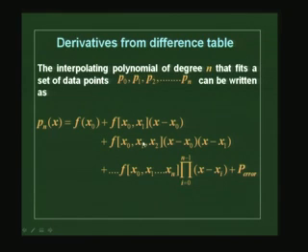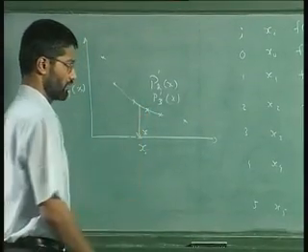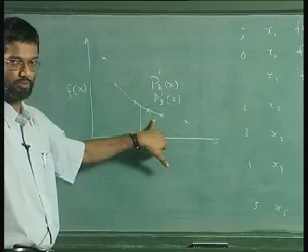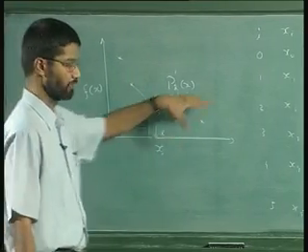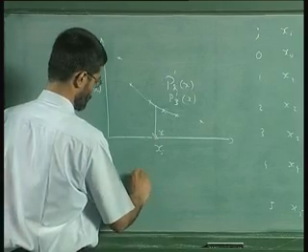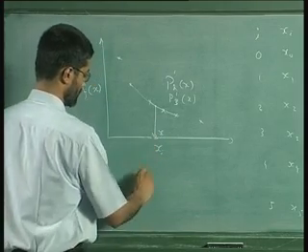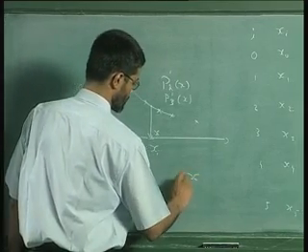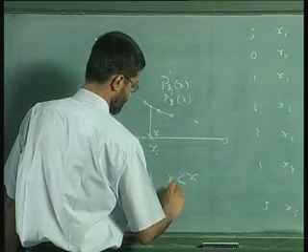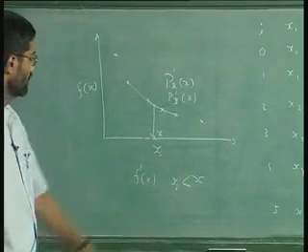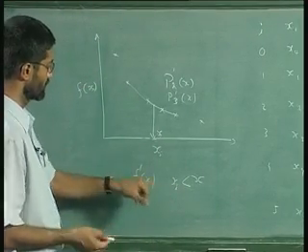But I said that if we want to evaluate a derivative at any point in between, there is no need to enter the difference table from the top. We could enter the difference table somewhere in between. What I mean by that is, if I want to get the derivative of the function at some value x, where x is, let us say, larger than some xi, then I could actually enter the difference table at that point xi.